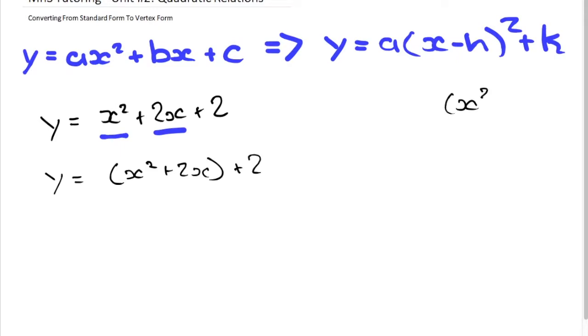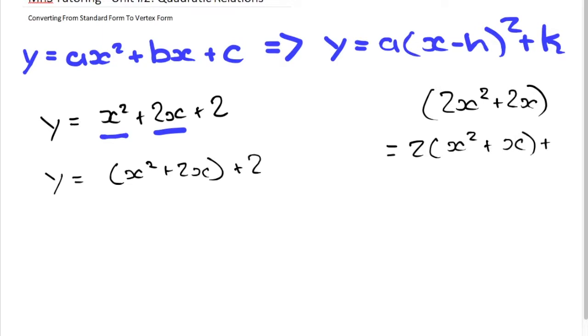You'd have to write 2 times x squared plus x plus so and so, right? So you'd basically have to factor the coefficient of the x squared. Since we don't have any coefficient of x squared other than 1, we don't have to do that in this step.